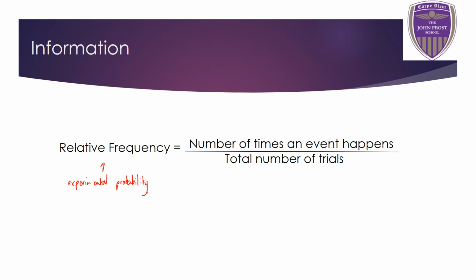So from the previous example, we had 55 times the spinner landed on a 3 out of 100. So this probability here came from the experiment, and the frequencies were relative to the outcomes that were recorded.